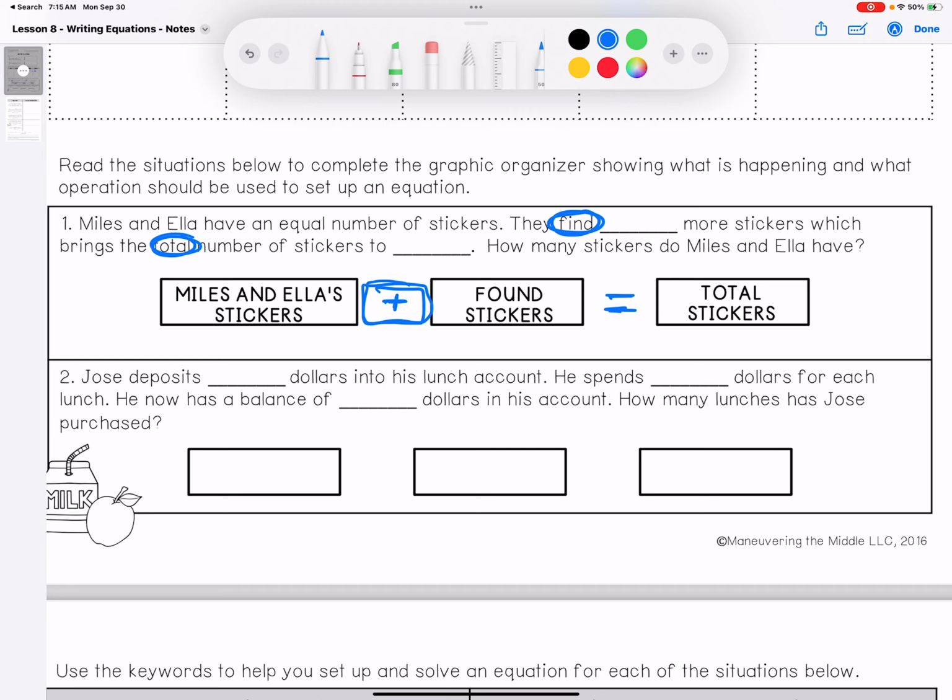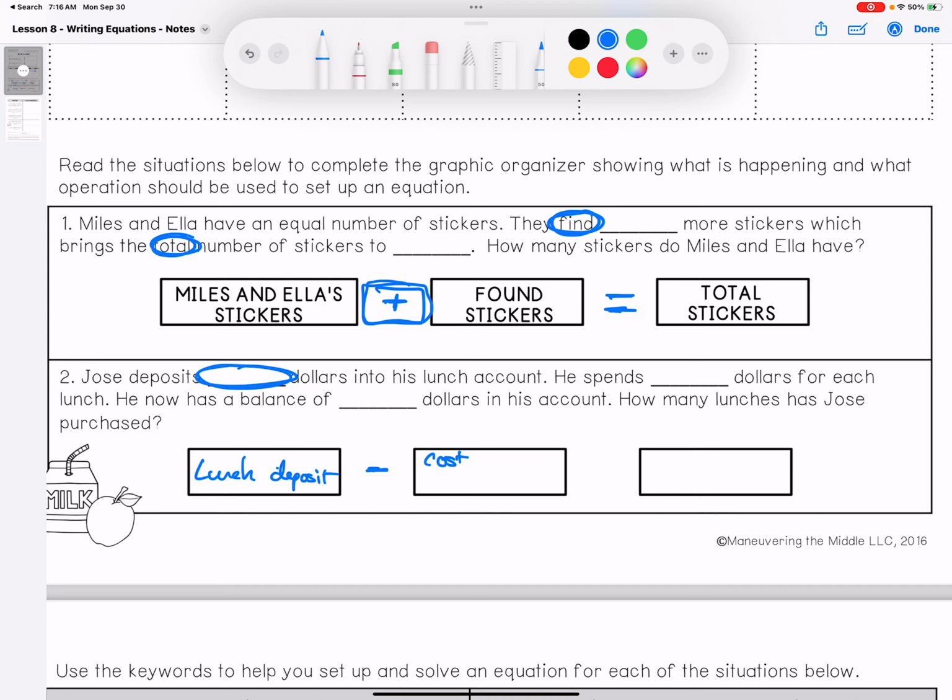Well, to figure that out, we have to figure out his lunch deposit, because we got to know how much he deposited, right? So his lunch deposit minus the cost for each lunch, because anytime you spend money, cost, right?